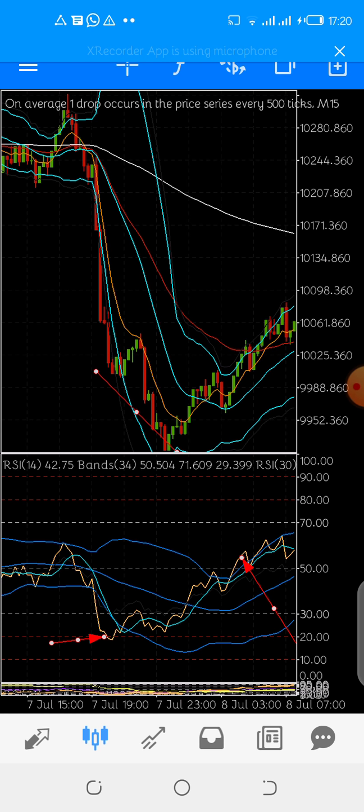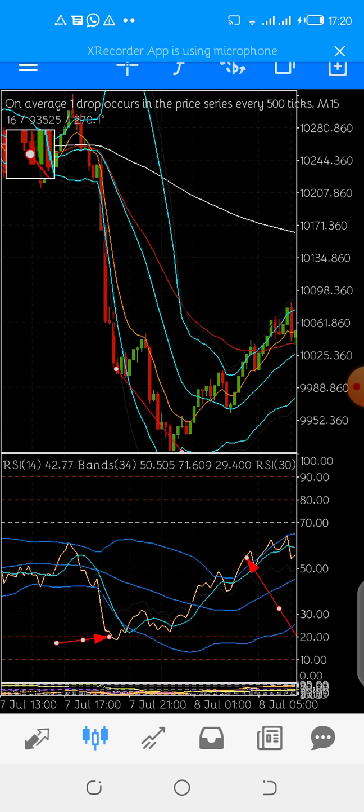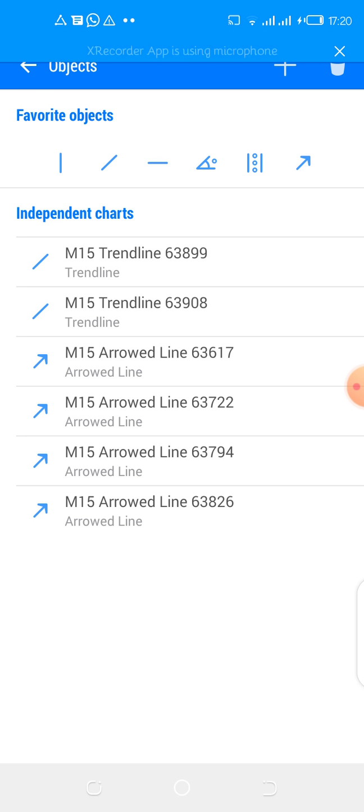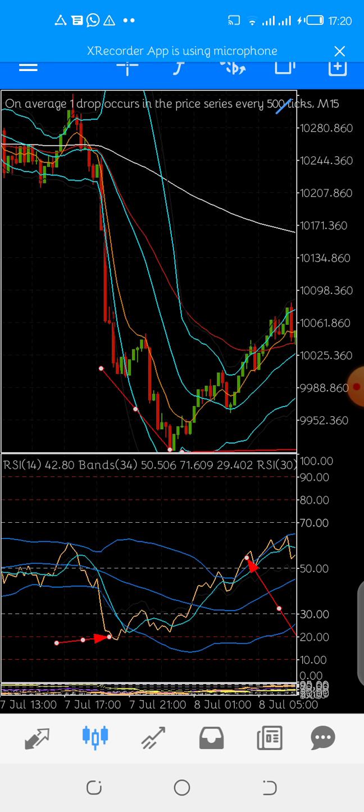There, another line, there. So you see a very big difference between what is happening on the main chart and what is happening on our lower chart.